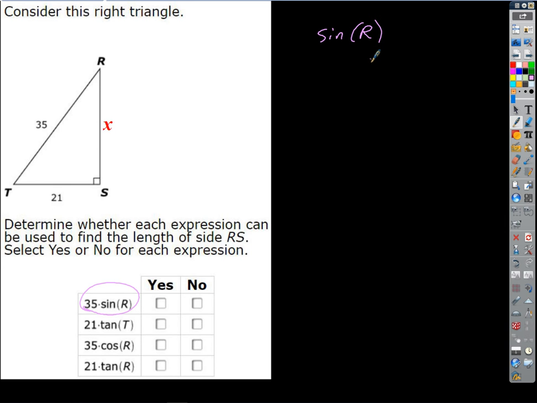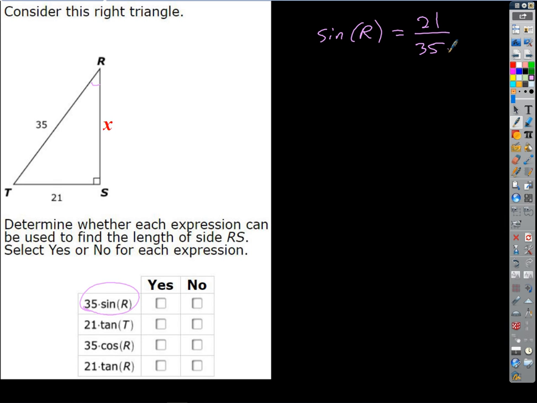Of angle R. There's angle R right there, right? So opposite over hypotenuse, good, that's SOHCAHTOA. So SOH, sine is opposite over hypotenuse. What's the length of the opposite side? 21. What's the length of the hypotenuse? 35.